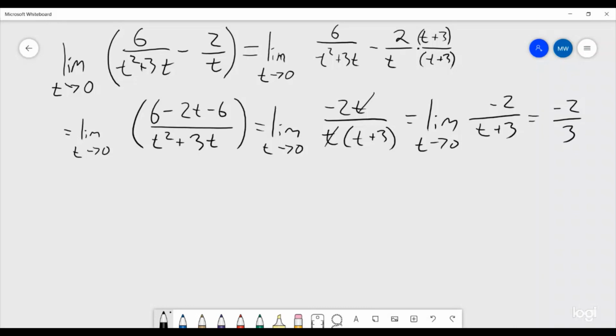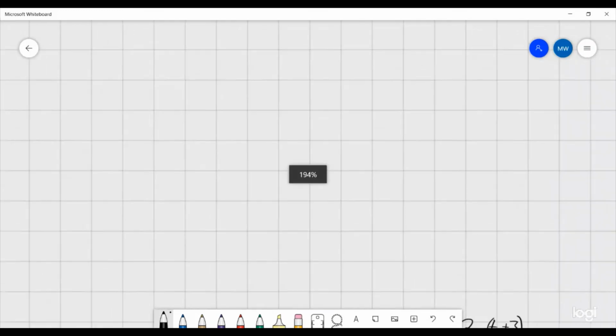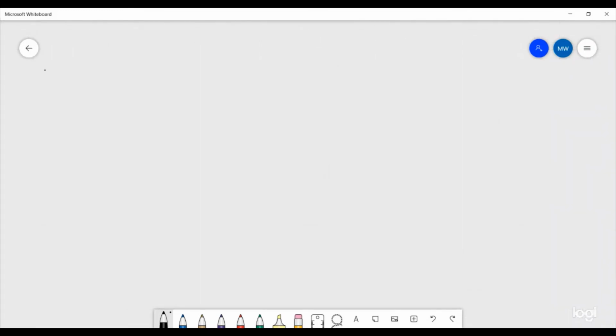Let's see, what else might we do? Okay. The next one is going to be the limit as x approaches 2 of 2x minus 4 over the absolute value of x minus 2.